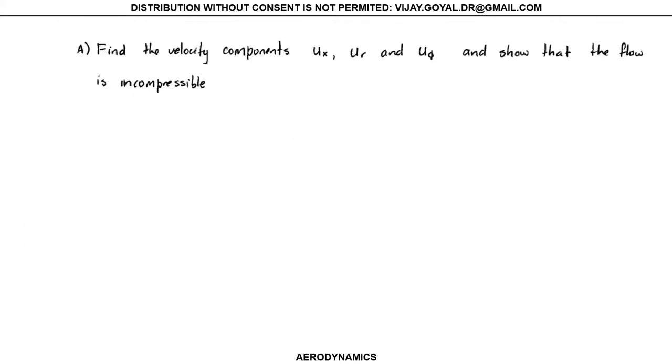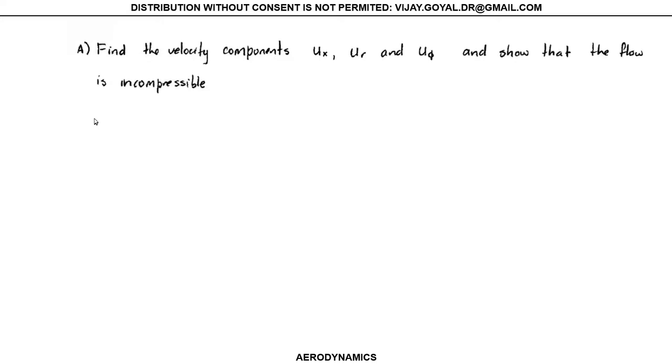The question that you've been asked is, let's find each one of the velocity components, and then determine if the flow is compressible or not.